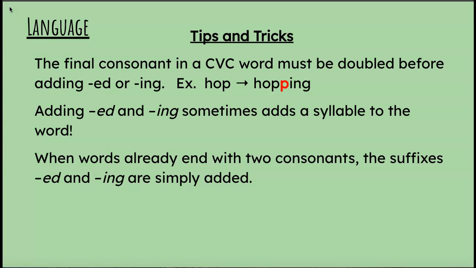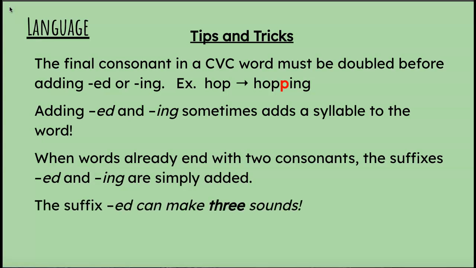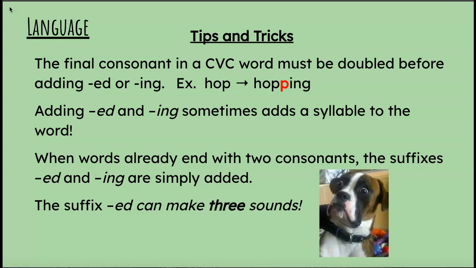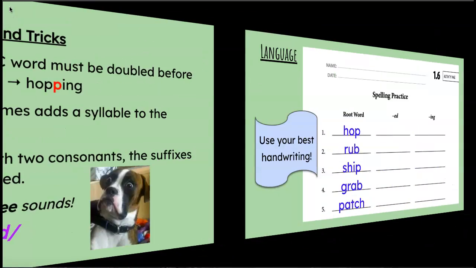Add is one syllable. Added is two syllables. The suffix ed can make three sounds. It can sound like a t, a d, or ed. And we're going to see that when we write our words.